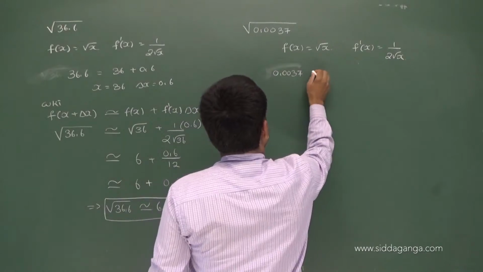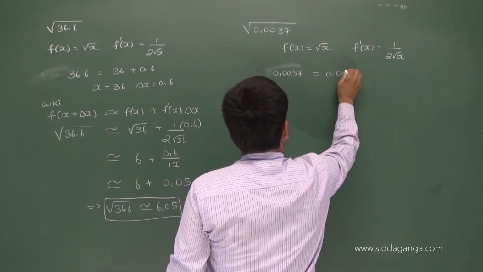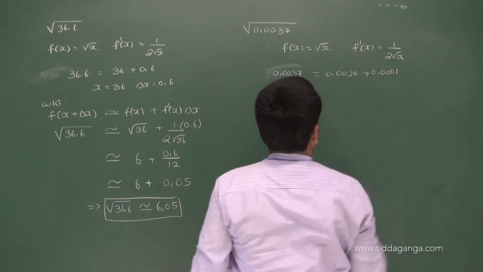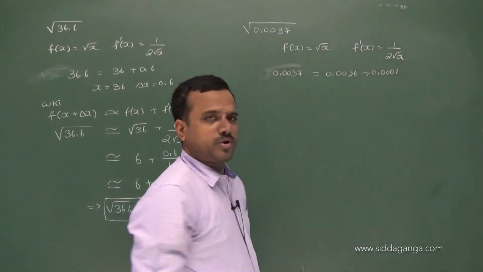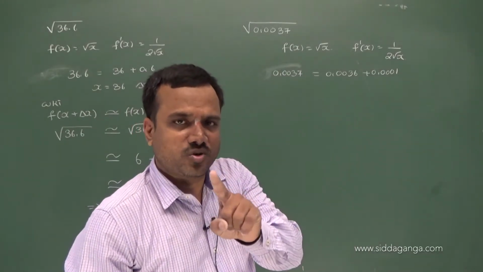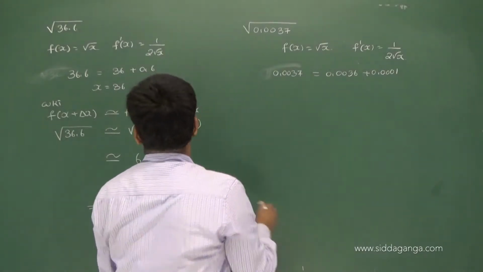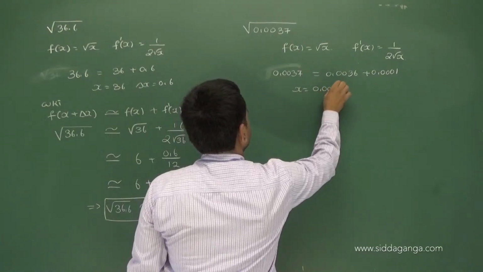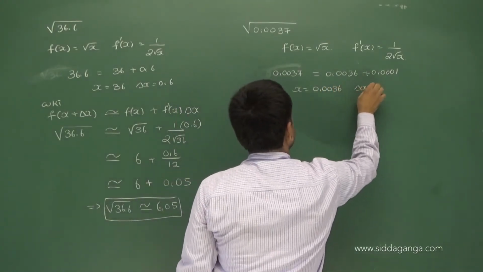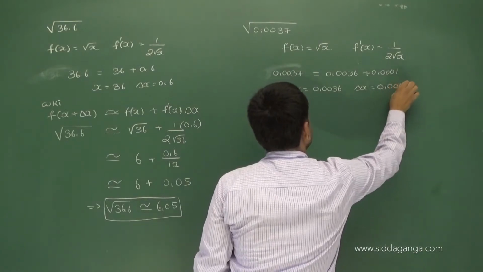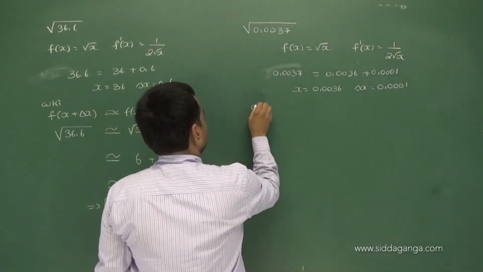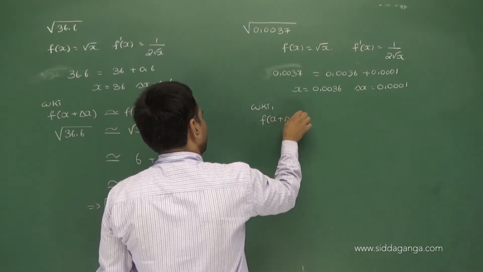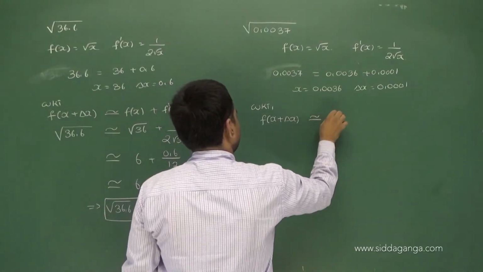If you practice, then only you write directly. 0.0036 plus 0.0001. Correct now, because 0.0036 is a perfect square, of 0.06. Then we know that x is equal to 0.0036, delta x is equal to 0.0001.